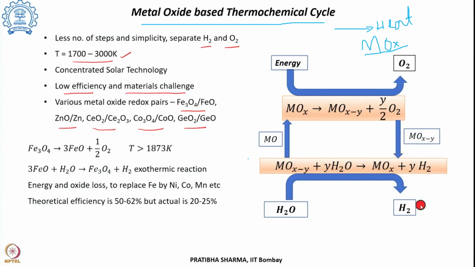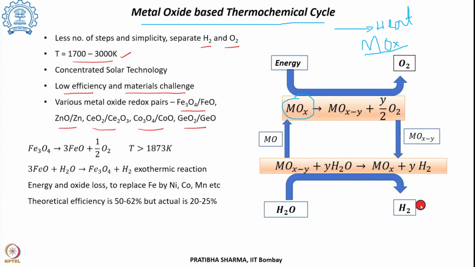How is the process occurring? First, this MOX, by using the heat energy, will be reduced. Reduced means that the oxygen number, the oxygen valency, is getting less.